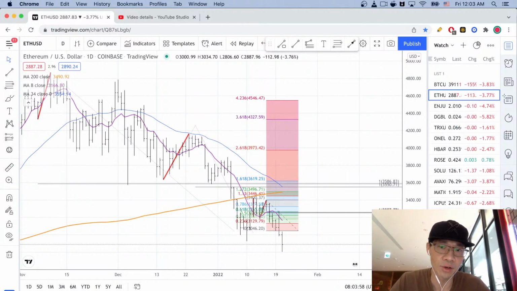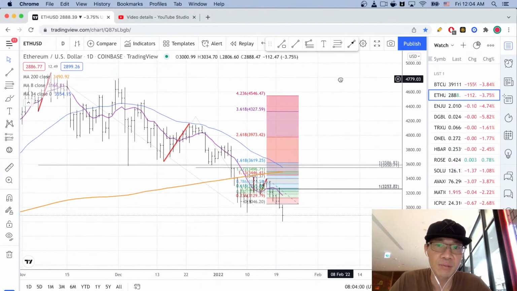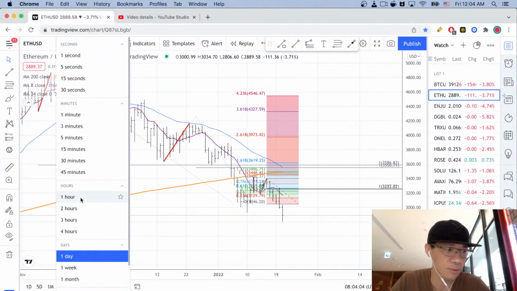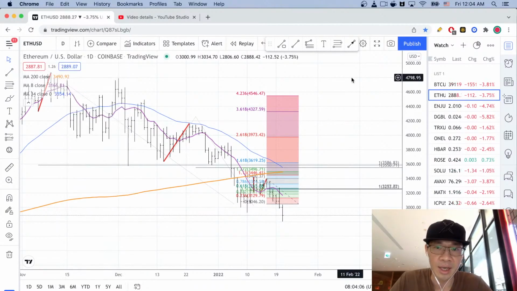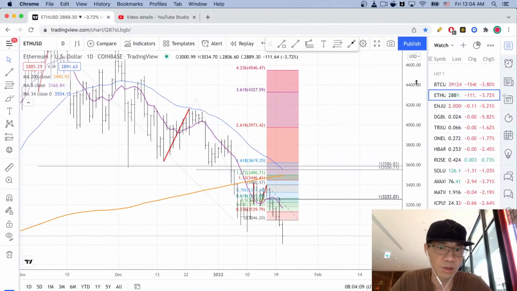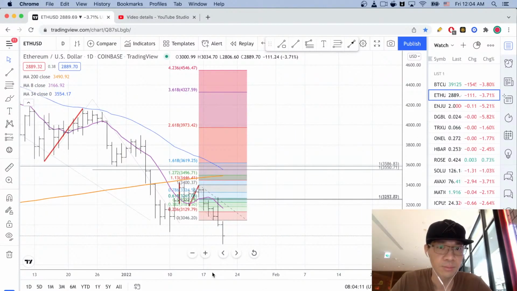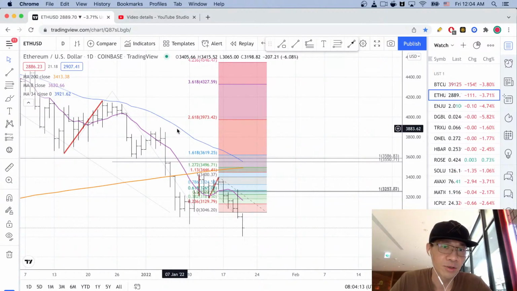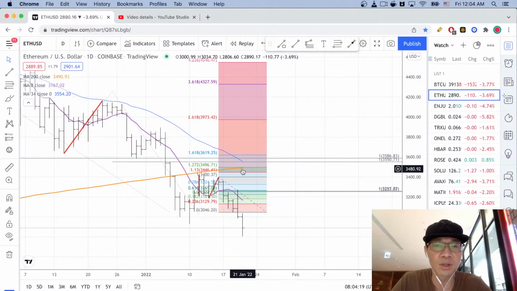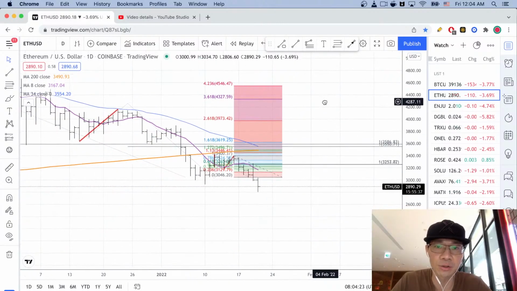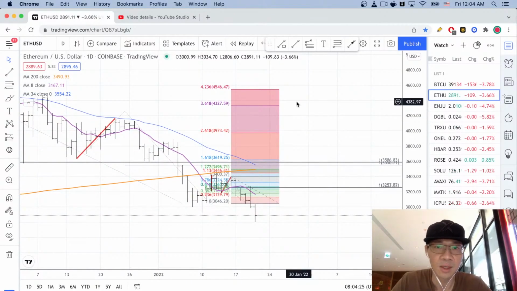Ethereum is trading below that 200 moving average on the daily chart as well as the hourly chart, and from here we were looking for more downside correction. Over here we have that 34 moving average, not a 50. It may close below that 200, and that crossover may provide additional selling pressure.